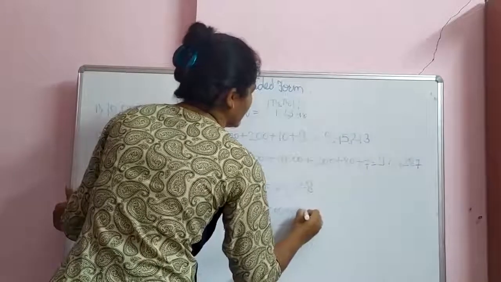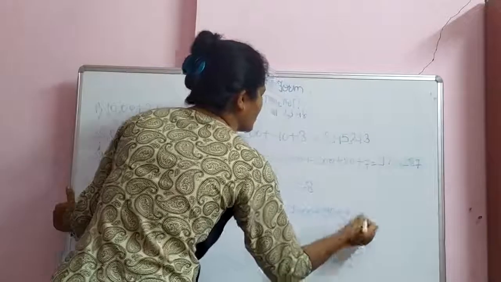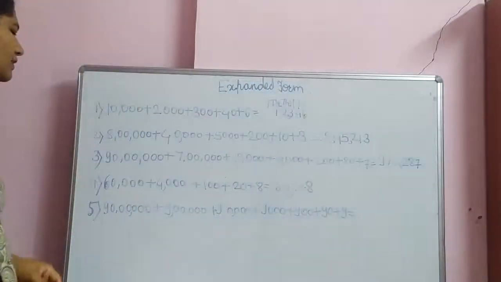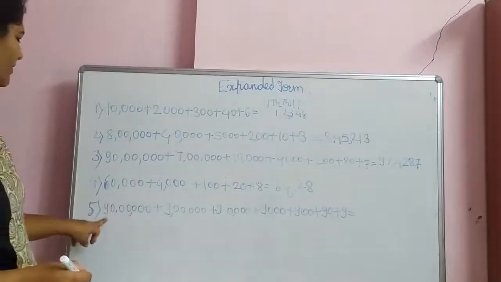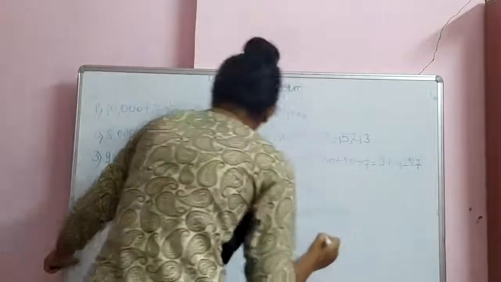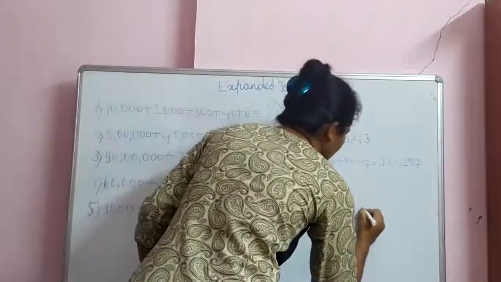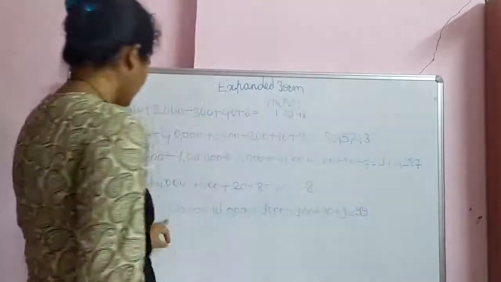Then 900 plus 90 plus 9. So now we write the standard numeral for this expanded form. So firstly we write 9. Then what is the next number? That is also 9. Then what is the next number?